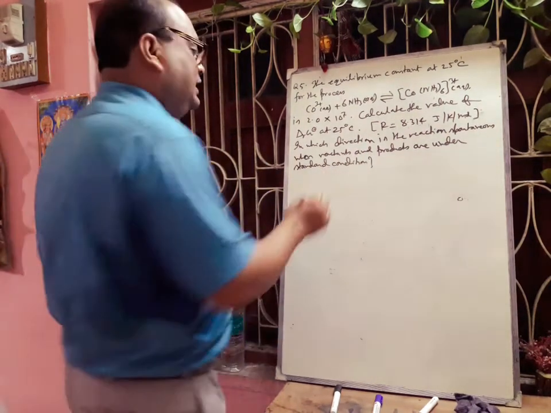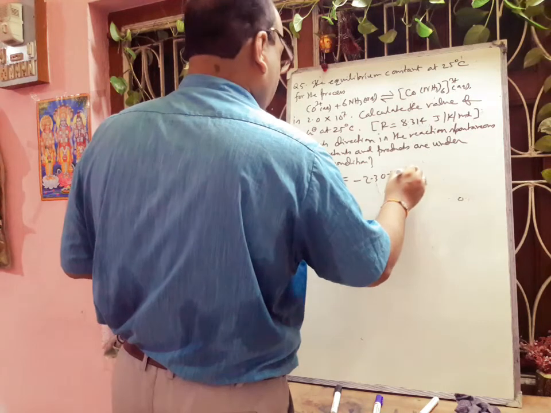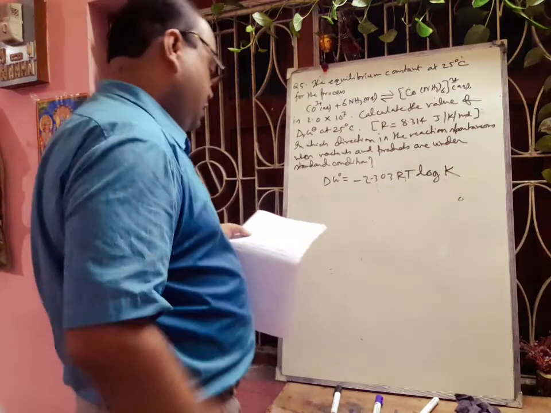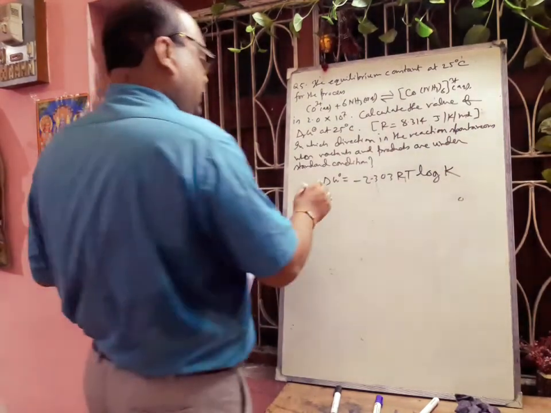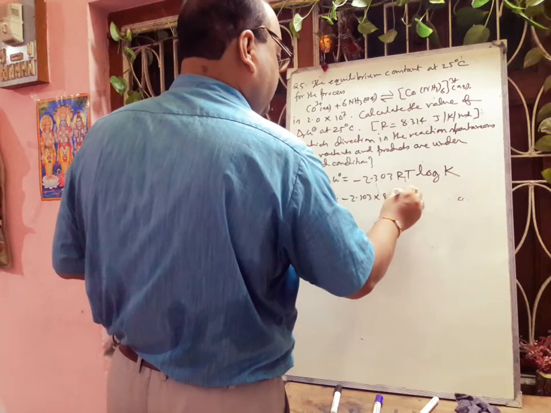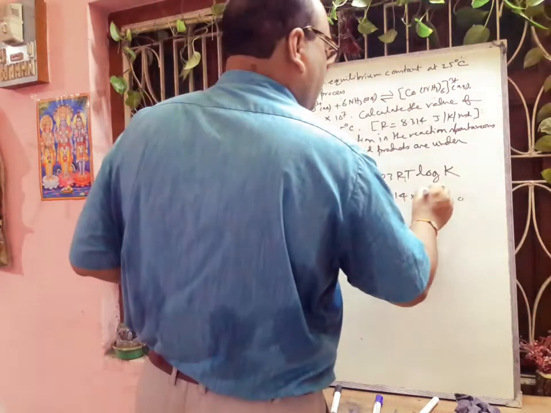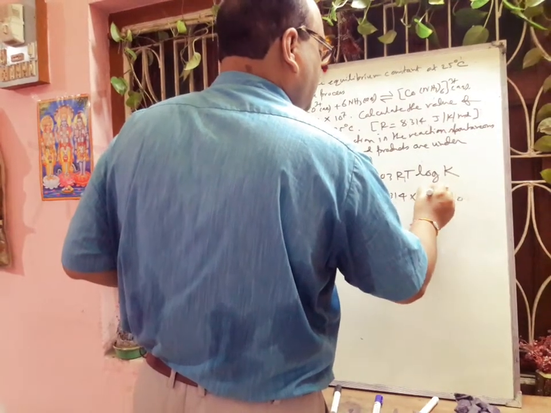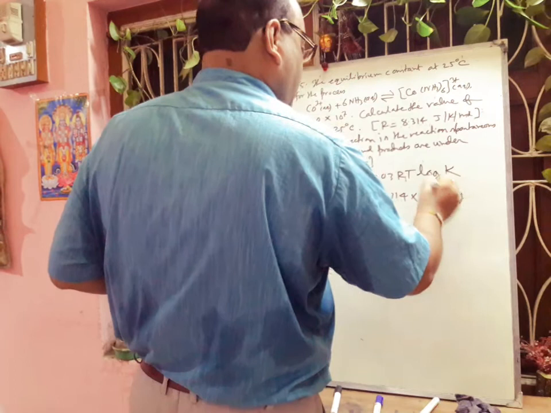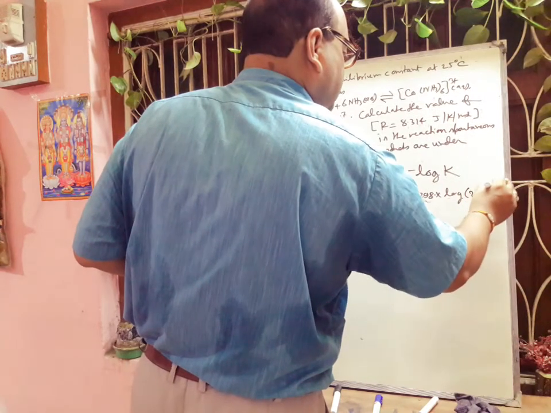So here first we will write that we know that delta G0 is equal to minus 2.303 RT log K. Now we put the values: delta G0 is equal to minus 2.303 into R, 8.314, into temperature, 25 degree, which converted into Kelvin is 273 plus 25, around 298 Kelvin, into log K. The K value is given as 2.0 into 10 to the power 7.